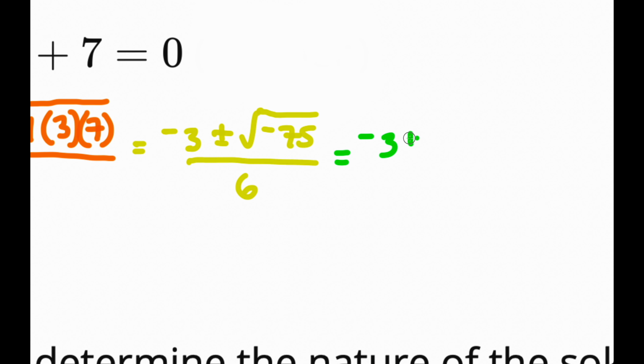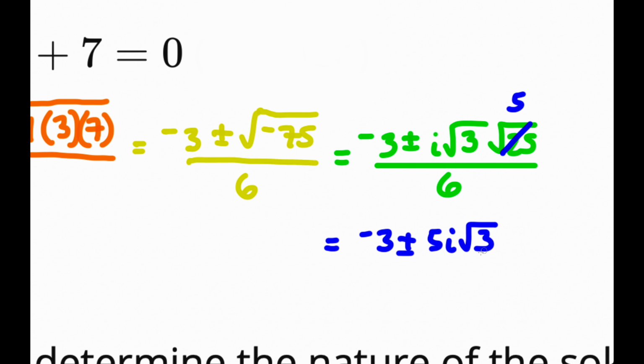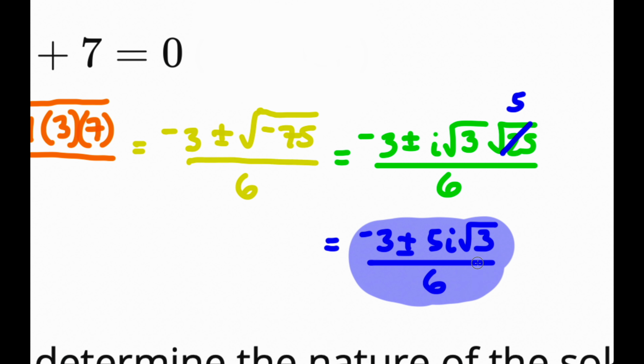So negative 3 plus or minus, I'm going to take the i out of there, and it's going to be root 3 times root 25. All of this is divided by 6. The root 25 is just 5. So you end up with negative 3 plus or minus 5i times root 3, all divided by 6. So not the prettiest answer in the world, but it is the answer nonetheless.